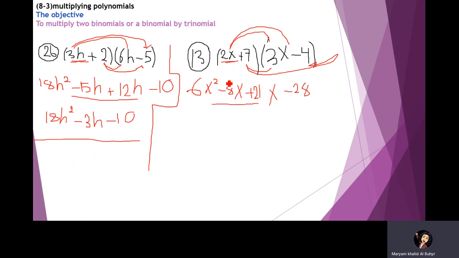I can add these, so these will be 8 and 21, so that will be 13x minus 28. Drop the last one, 6x to the power 2, and that's it.